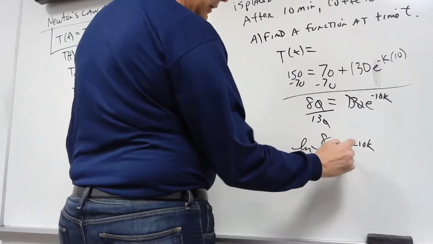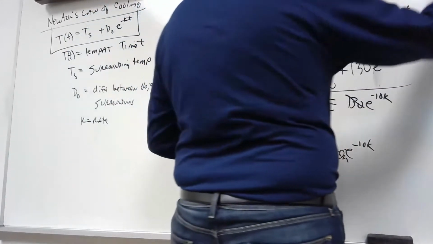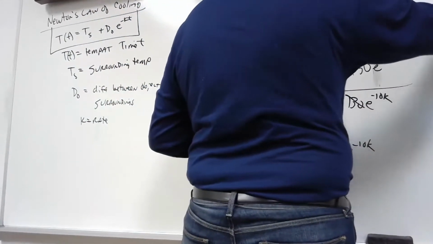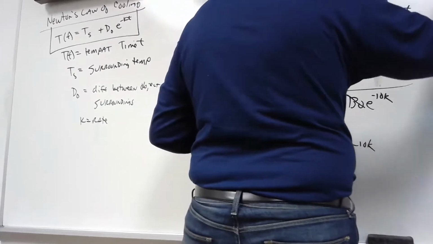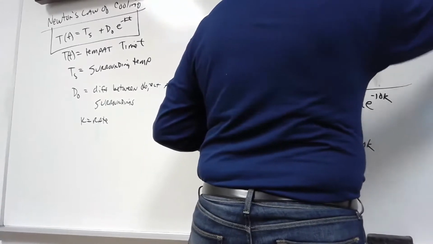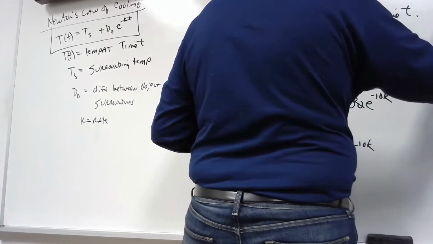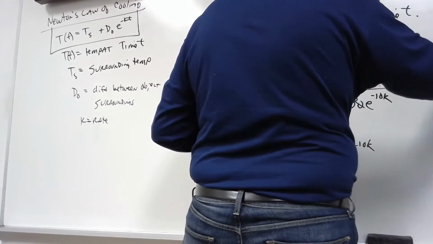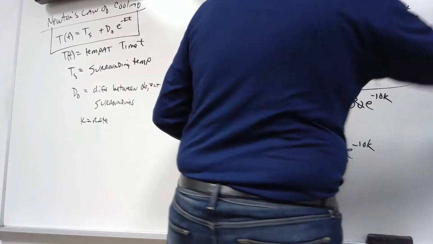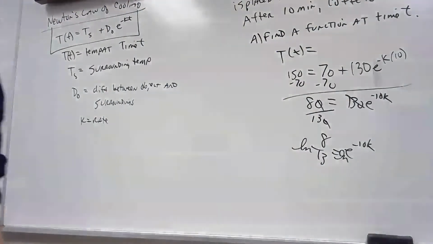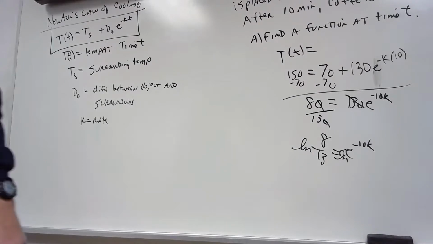So the natural log of 8/13 is equal to negative 10k. Then you divide by negative 10. k equals the ln of 8/13 over negative 10, which, if you plug it in your calculator, equals 0.04855.